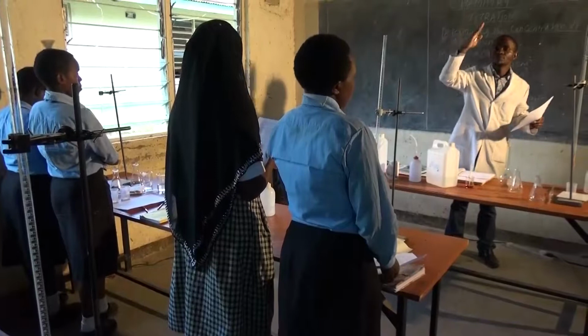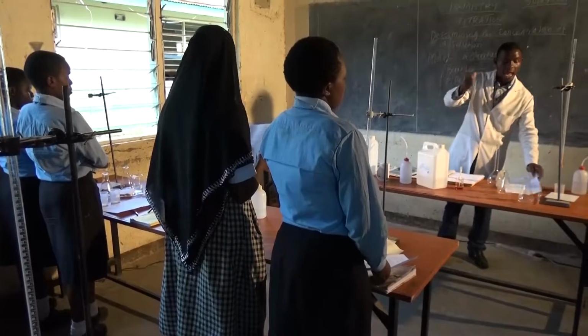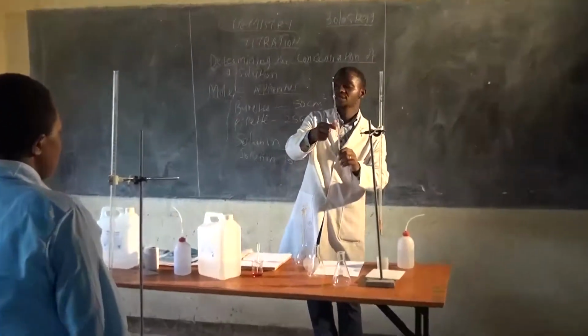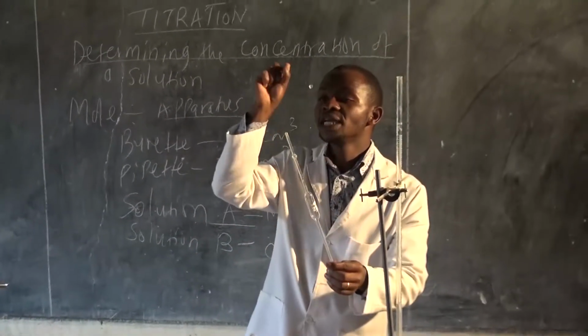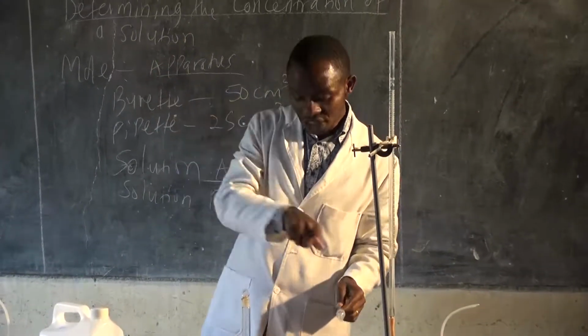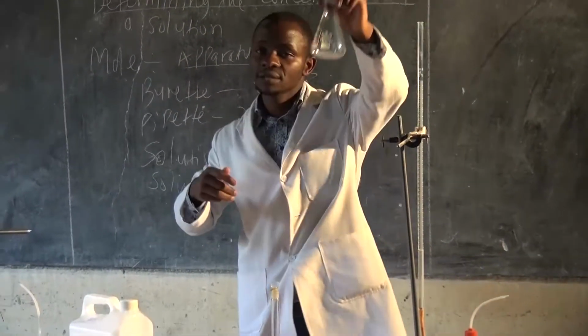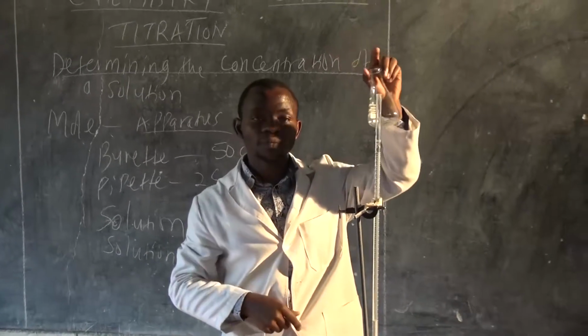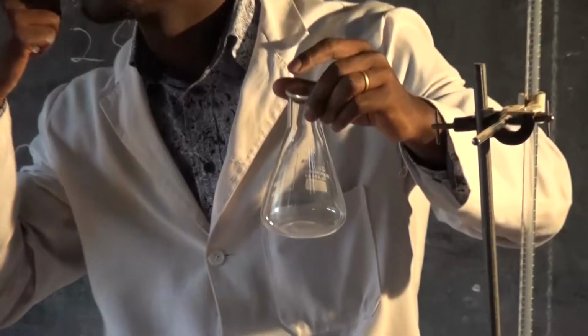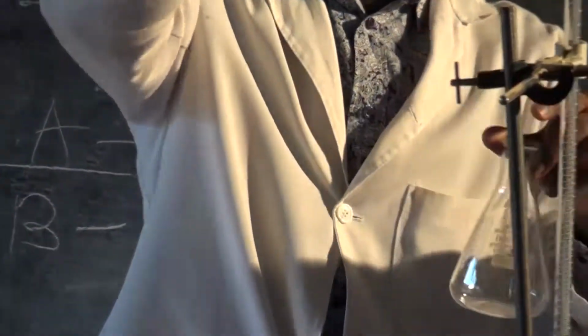So you must be able to use a burette and a pipette to find the molarity. Now, the same, we have a conical flask. You know this one? We have a conical flask. You have seen. We are sharing there. We have two.